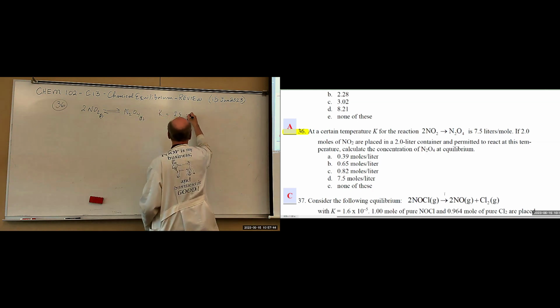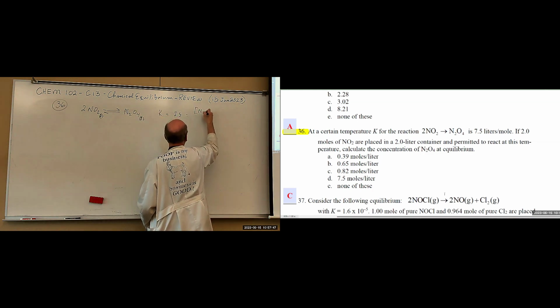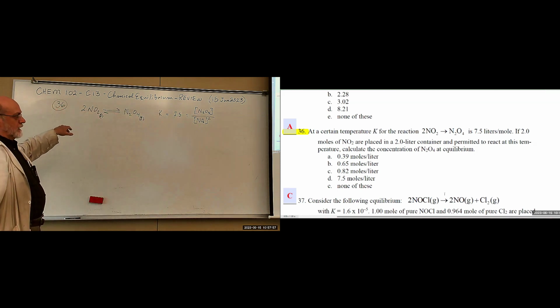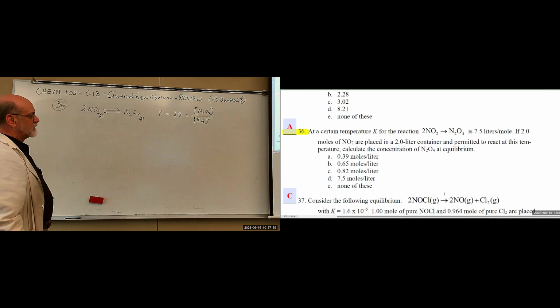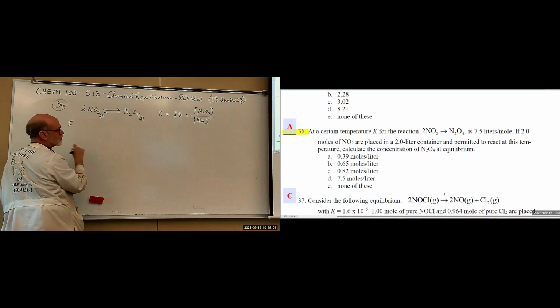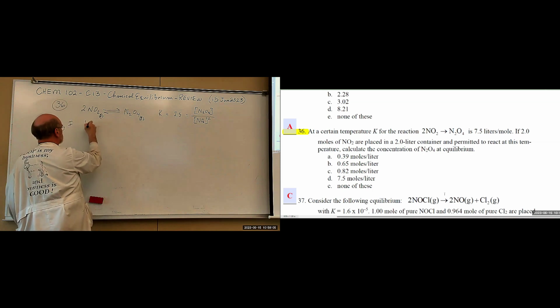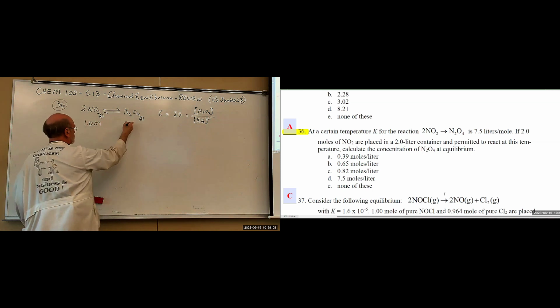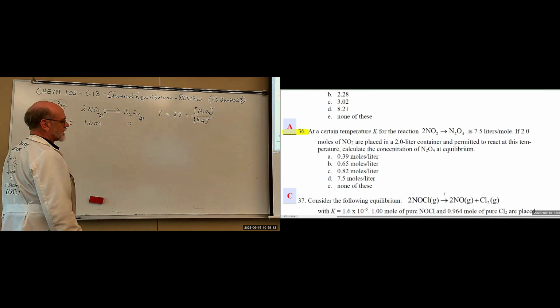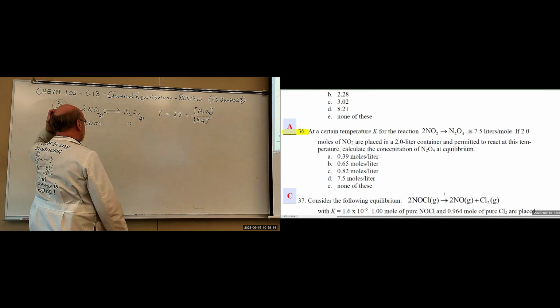K equals N2O4 divided by NO2 squared. If 2 moles of NO2 initially, 2 moles in 2 liters is 1.0 molar. What's the concentration of N2O4 at equilibrium?